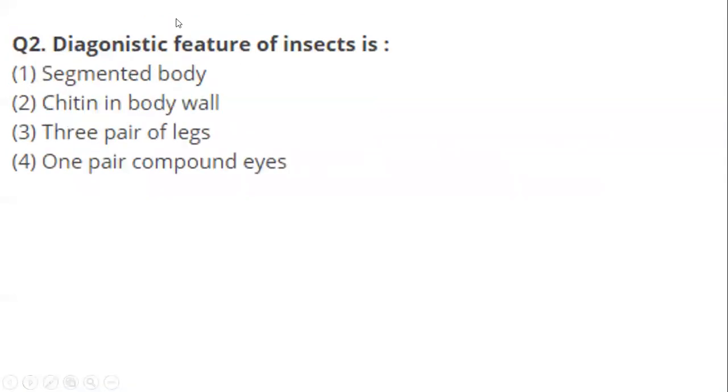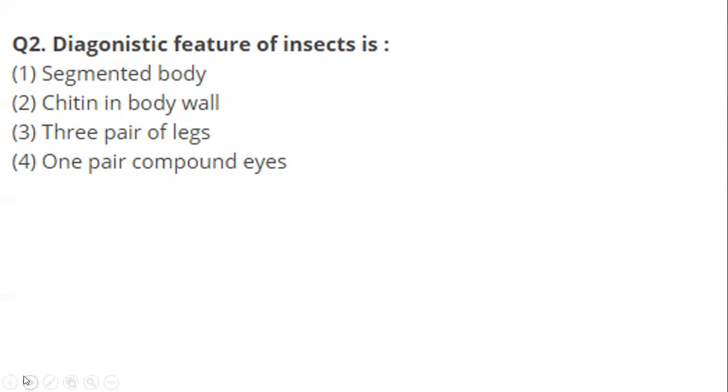Then, second question. Diagnostic features of insect: segmented body, chitin in body wall, three pair of legs, and one pair compound eye. Which is the diagnostic feature of insect?